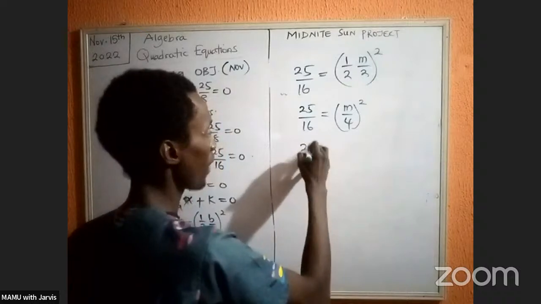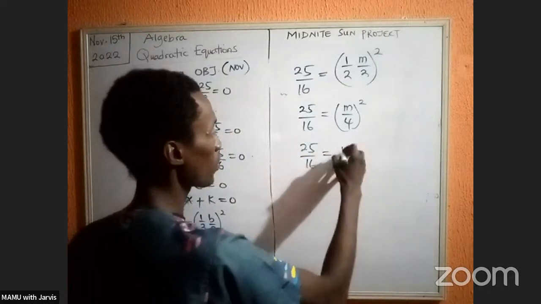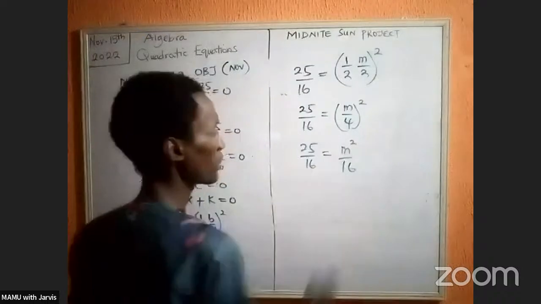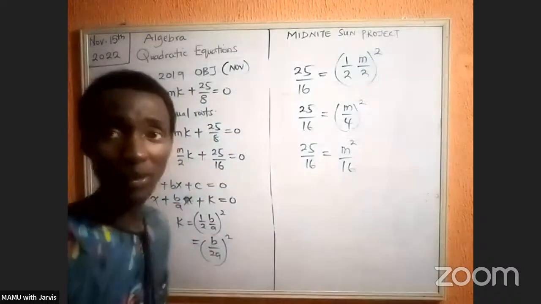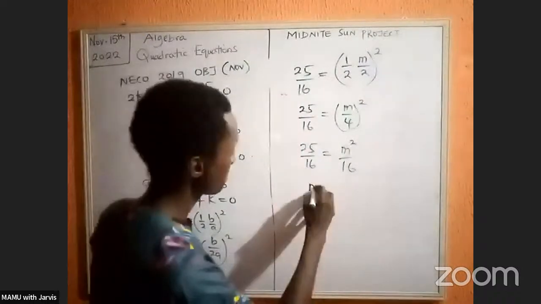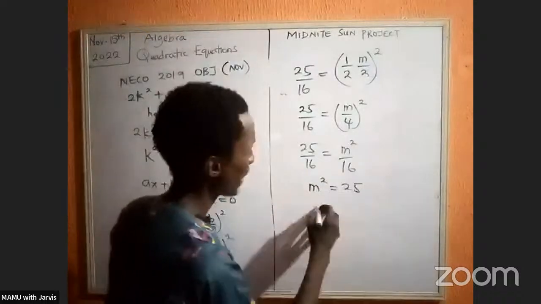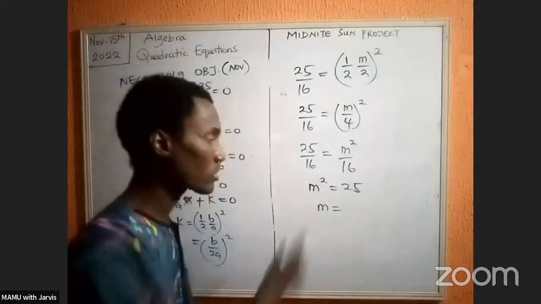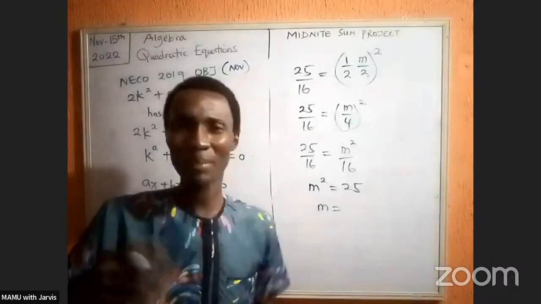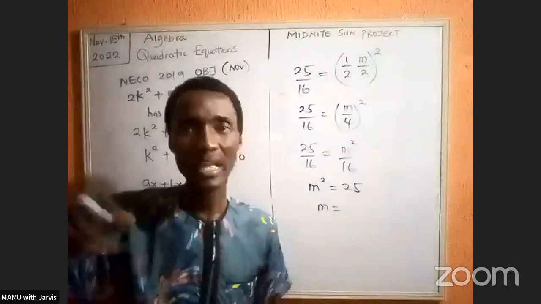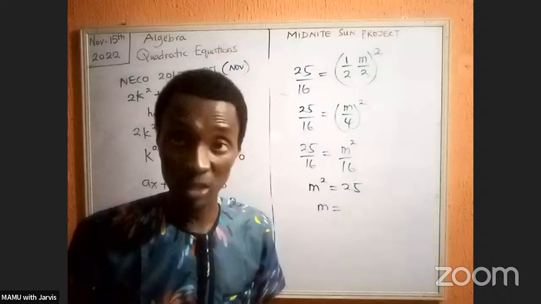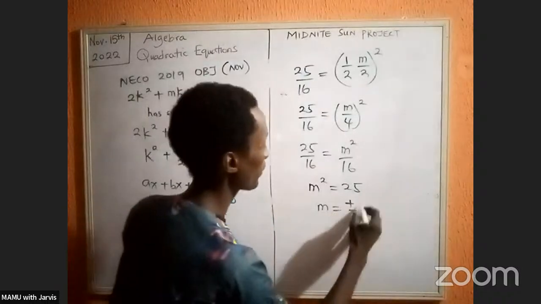So it means that 25 over 16 must be equal to m squared over 16. If the denominators are the same, we can compare numerators. So it means that m squared will be equal to 25 and m will be equal to what? The concept of squared here in a matter of quadratic would suggest that I can have two possible values. So it will be plus or minus 5.